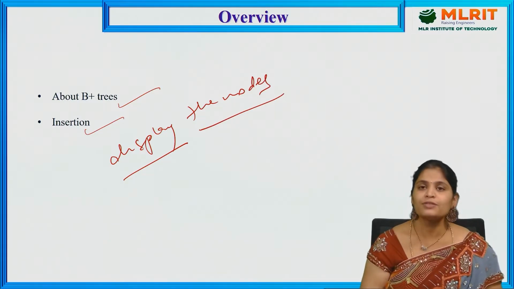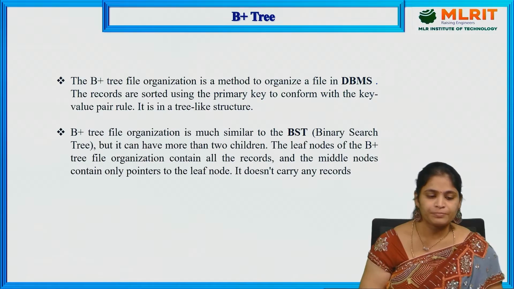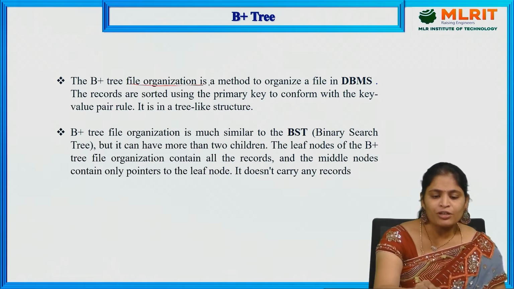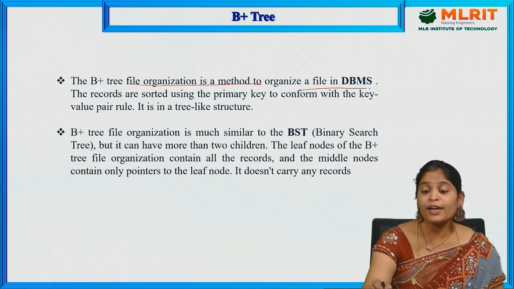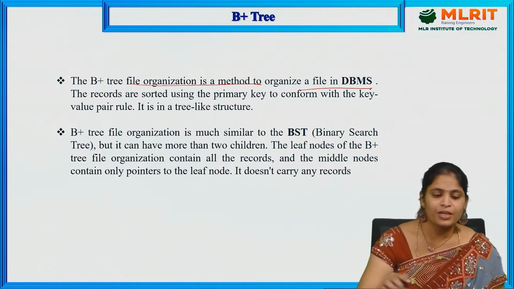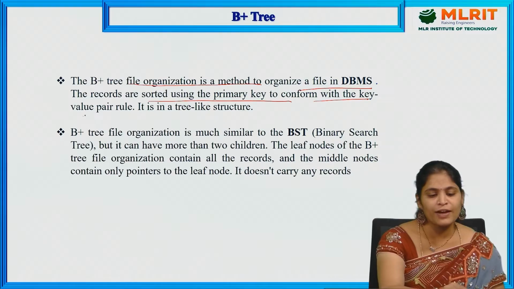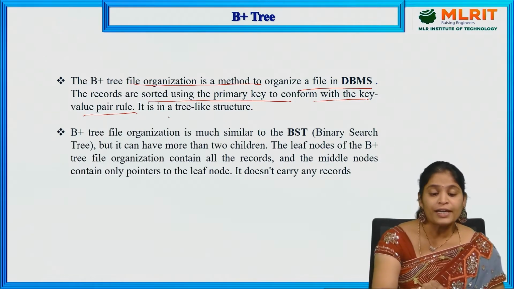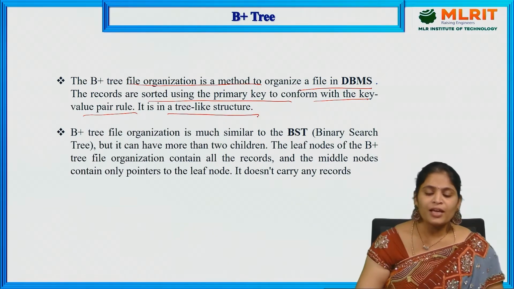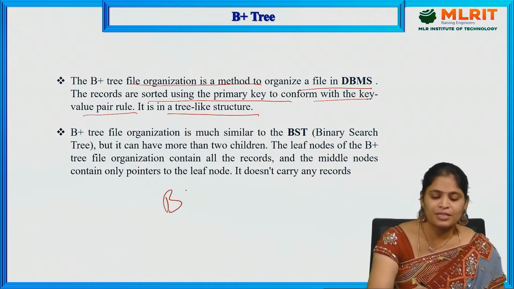Let us discuss what a B+Tree is first. It is a file organization to organize a file in DBMS. The records are sorted using the primary key to conform with the key value pair rule. It is a tree-like structure, just like a BST, a binary search tree.